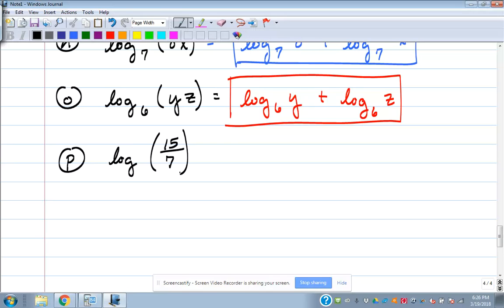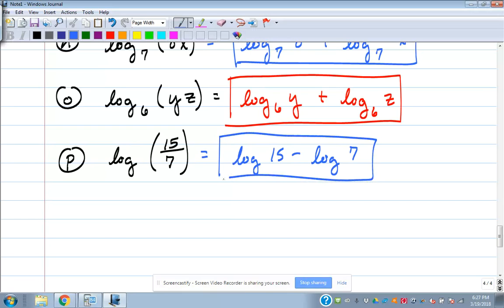Log of 15 over 7. How does that expand? Subtraction. So it'd be log of 15 minus log 7. What base are those logs? Okay, that's good. Just checking.